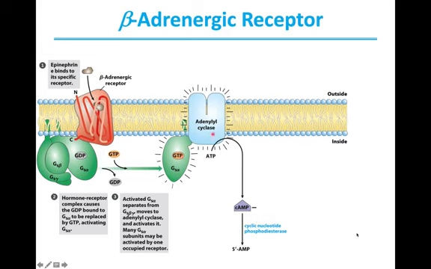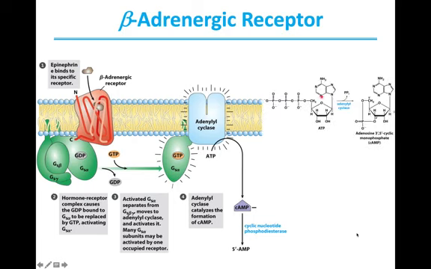Once GS alpha interacts with adenylyl cyclase, the enzyme adenylyl cyclase is activated. Now, the activation of this enzyme results in the conversion of ATP to cyclic adenosine monophosphate, and the reaction is shown here. Cyclic adenosine monophosphate is a secondary messenger.